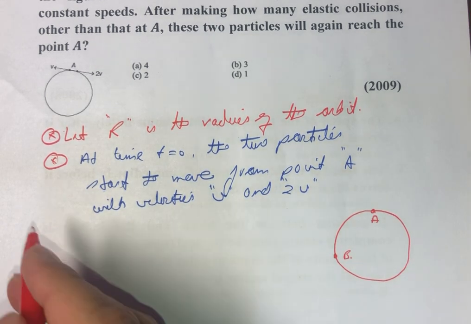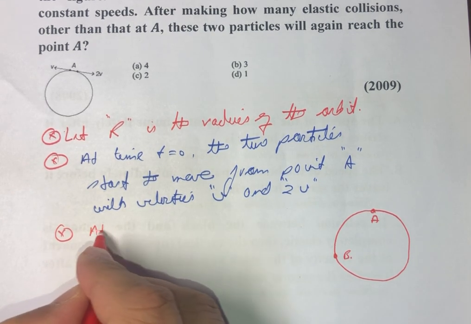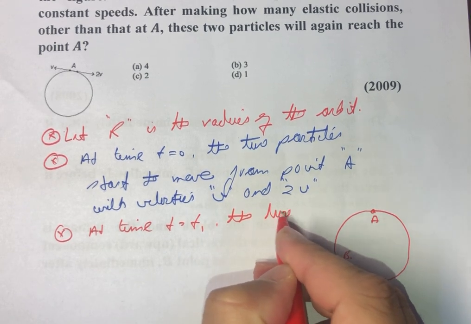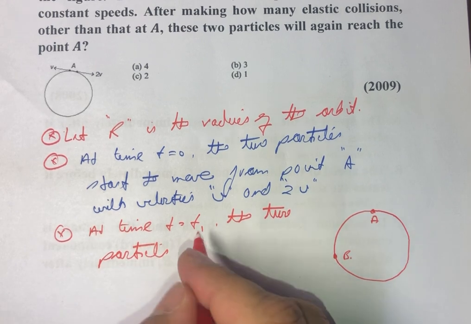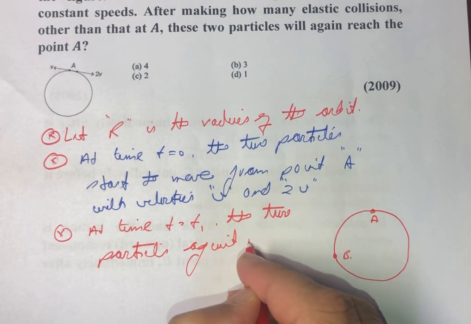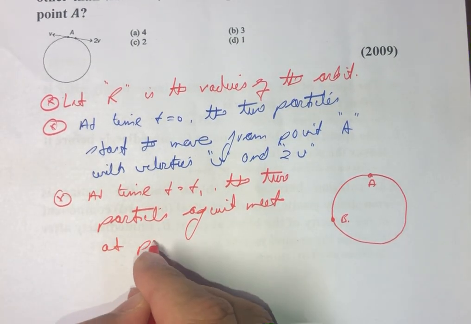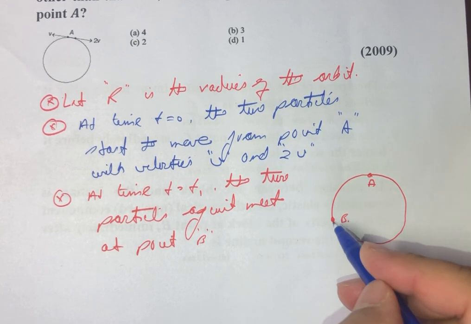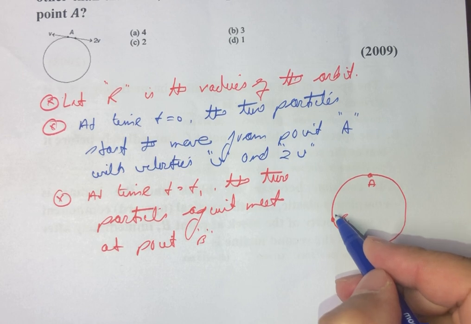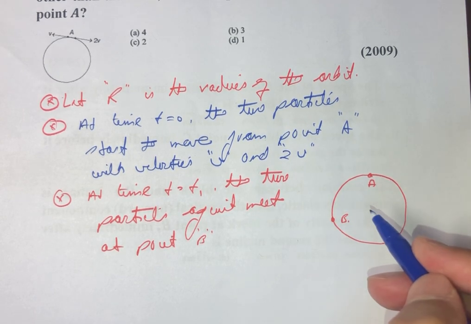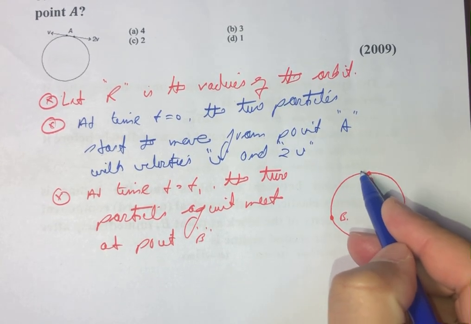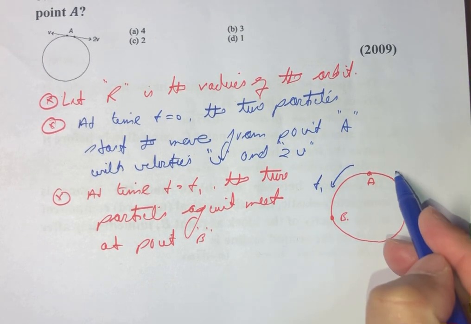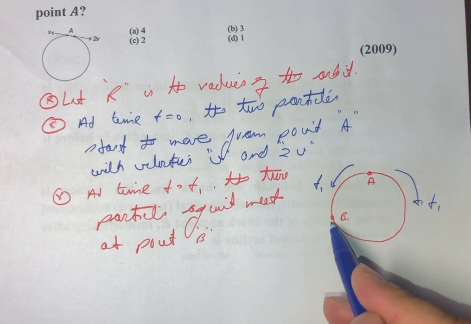Say at time t equal to t1, the two particles meet again at B. One particle is moving in this direction and takes time t1 to reach B, and the other one is moving in this direction and also takes time t1 to meet at point B.